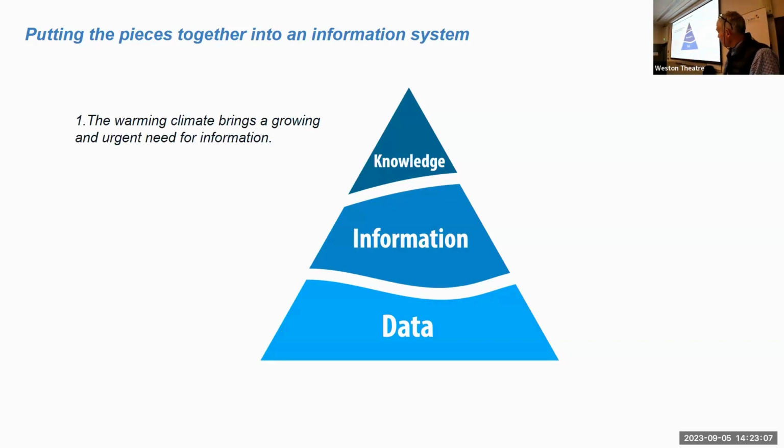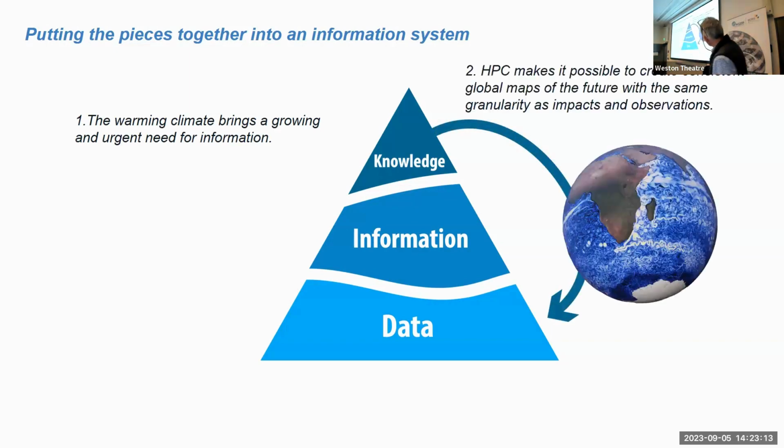So climate's warming, there's a growing need for information. No one will disagree with this. But we also have this continued increase in our compute capabilities. And we've learned that higher resolution models could potentially help us solve some of the problems that we still have in our climate models. So the knowledge leads to better data.